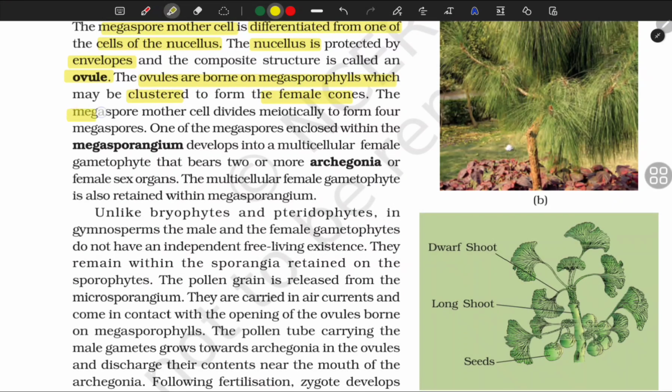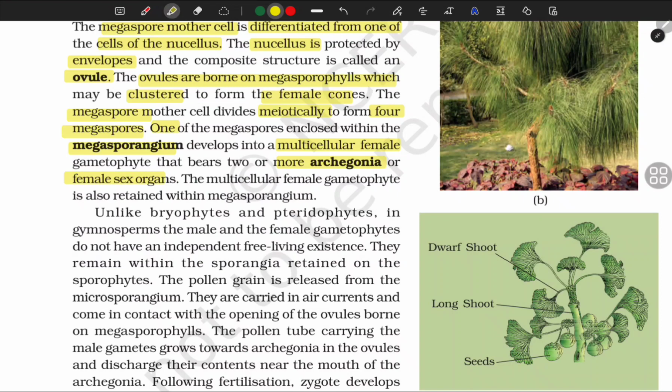The megaspore mother cell divides meiotically to form four megaspores. One of the megaspores enclosed within the megasporangium develops into a multicellular female gametophyte that bears two or more archegonia or female sex organs.